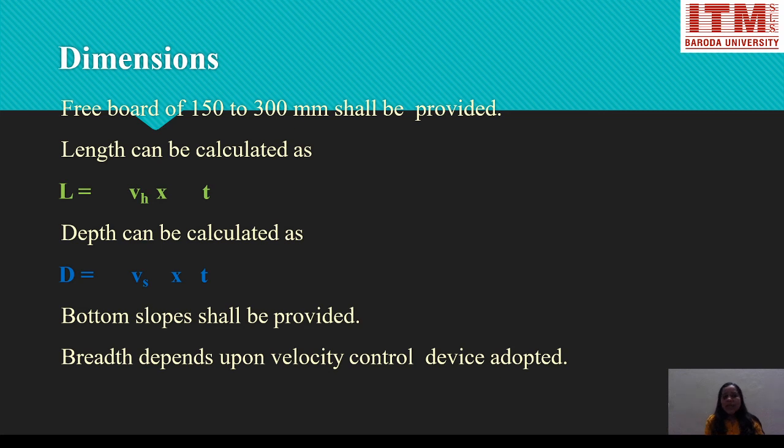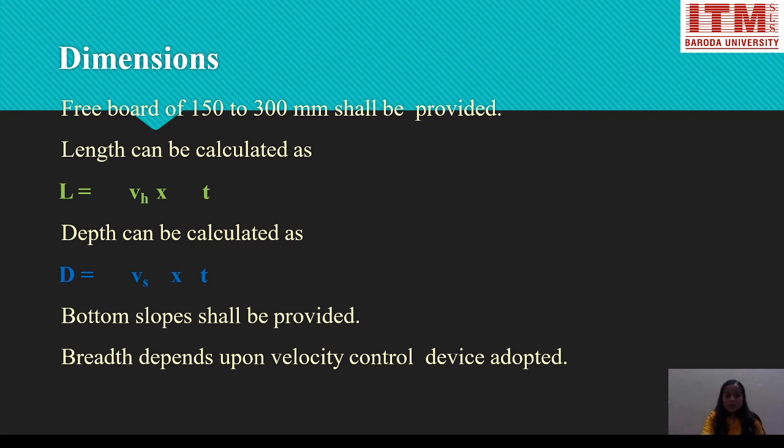Also, let us see the dimensions. Freeboard of 150 to 300 mm shall be provided. Length can be calculated as L = VH × T, and depth can be calculated as D = Vs × T, where a bottom slope shall be provided. Also, the breadth will depend upon the velocity control device which is adopted.